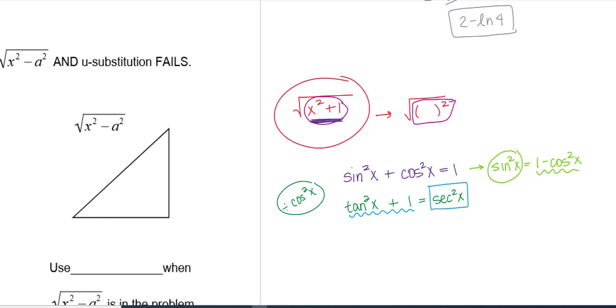Okay, well, let's start with the basic Pythagorean identity and do it one more time. So now I will divide every single term by sine squared x. Sine squared x divided by sine squared x is 1. Cosine squared x over sine squared x is cotangent squared x. And 1 over sine squared x is cosecant squared x.